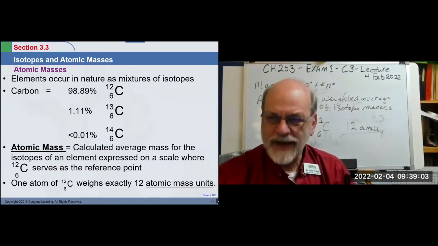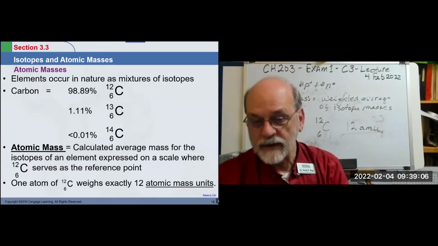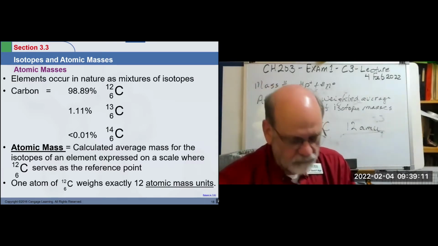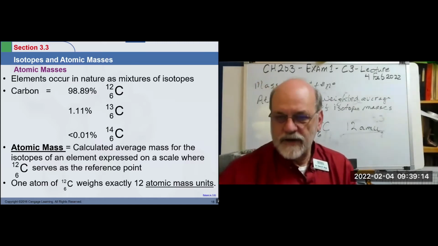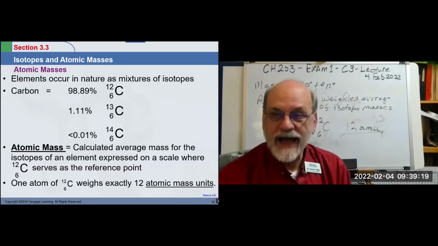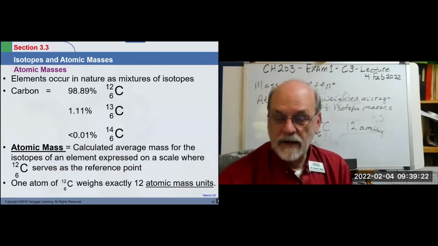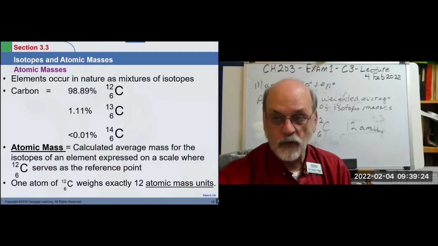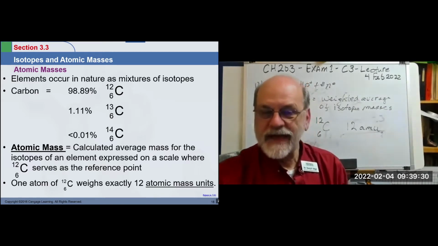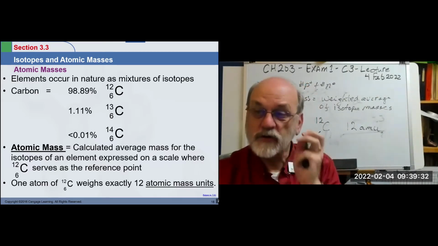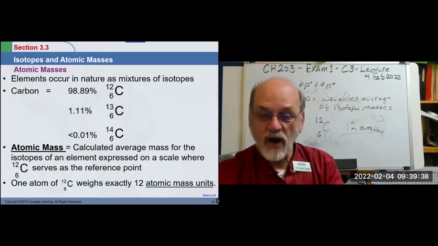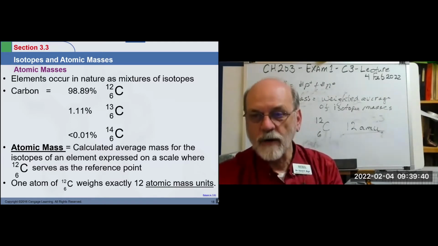But we're going to use those as if they were true values of atomic mass for those isotopes, just for argument's sake. If I were in the business of establishing very accurate values of atomic masses, then I would need the true value for carbon 13 and carbon 14. That being said, let's move on and use those values to determine the atomic mass for the naturally occurring mixture of carbon isotopes.